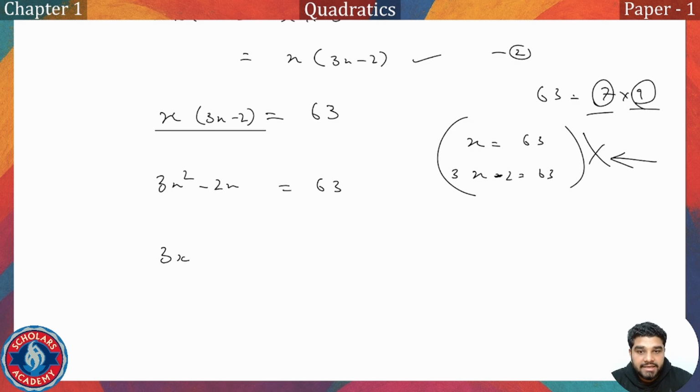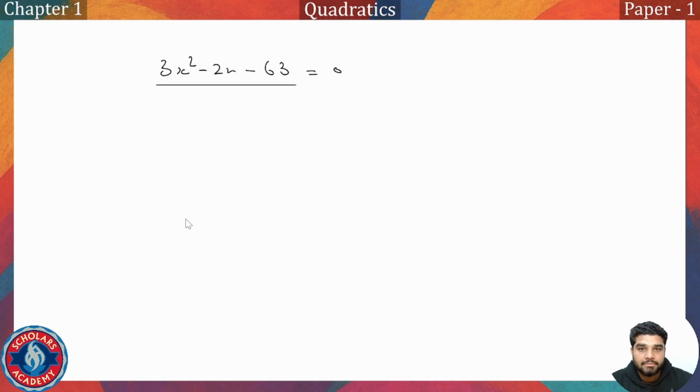We get 3x square minus 2x minus 63 is equal to 0. Now we could solve it by the factorization method, or by completing the squares and then simplify it, if we are solving by the completing the squares method. But right now we are using the quadratic formula.